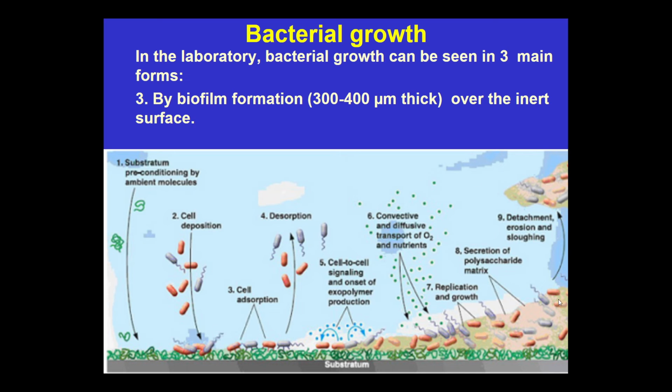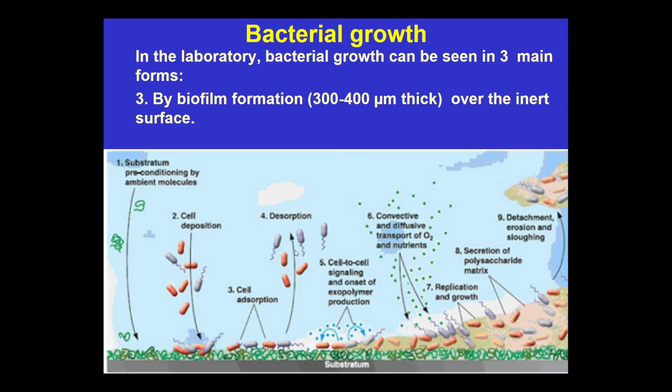And usually this growth can be divided into stages. First, the substrate will be preconditioned by ambient molecules like proteins. That is quite often. Then cells may be deposited on the pre-prepared area, and the cells may finally absorb.